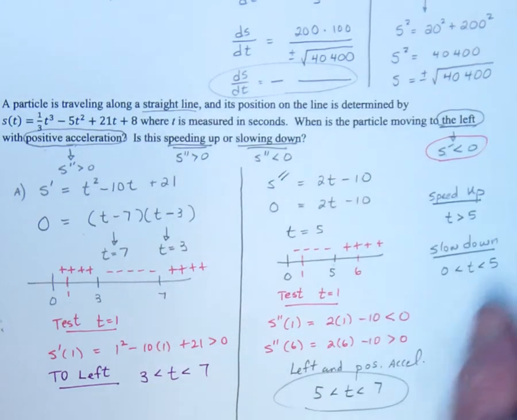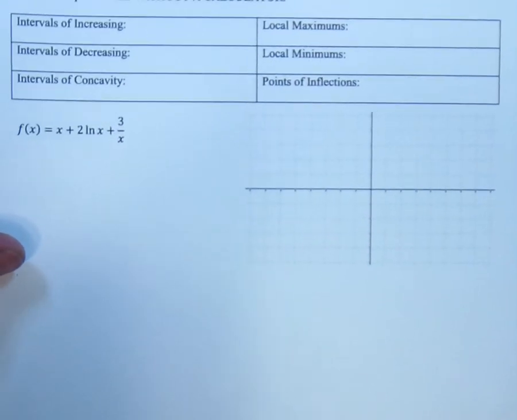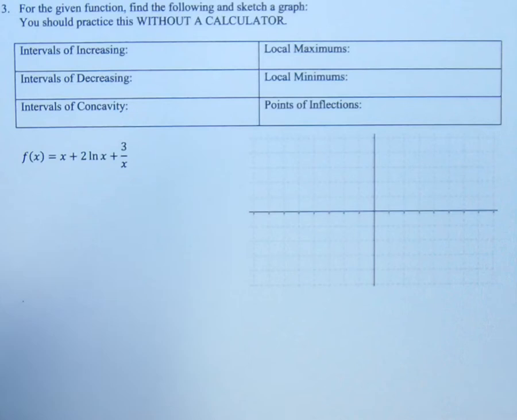Okay, next for number 3. Let me get my page. Here we go. So this question also asks a lot of information. There we go. And it's emphasized that you're supposed to do this without a calculator.